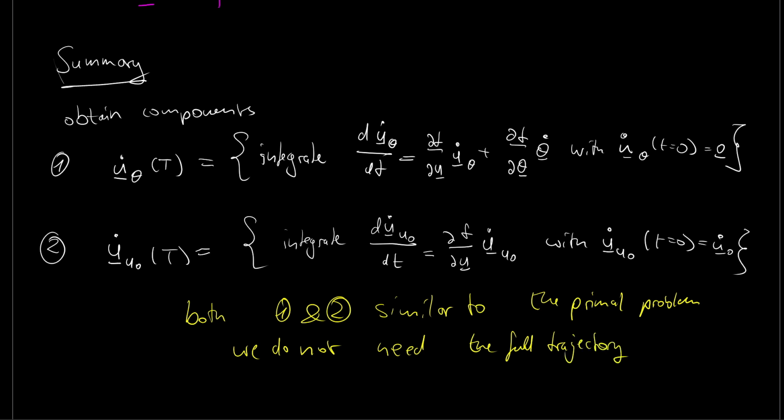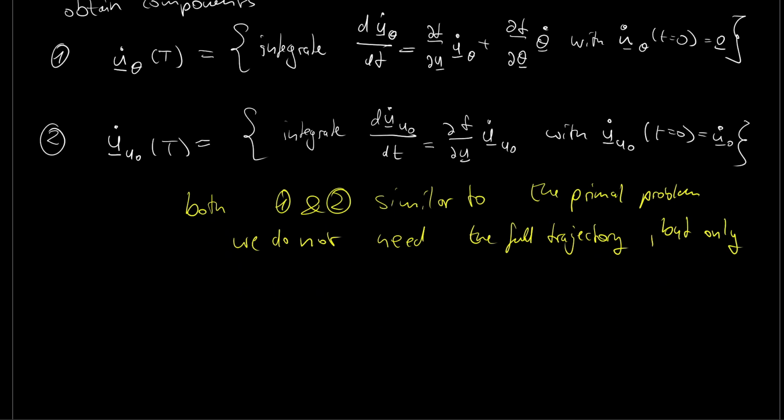We're not interested in all the values of these tangent contributions over time, but only at the final point, because that also matches the primal problem for the neural ODE or the final state ODE integration. So only the solution, by which I mean the solution to the ODE at the final time, that is t equals capital T.